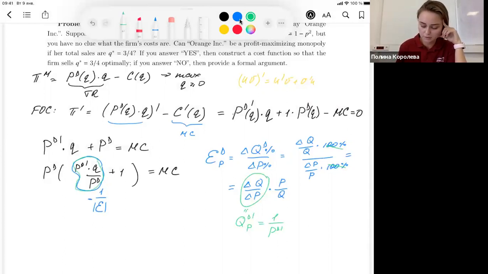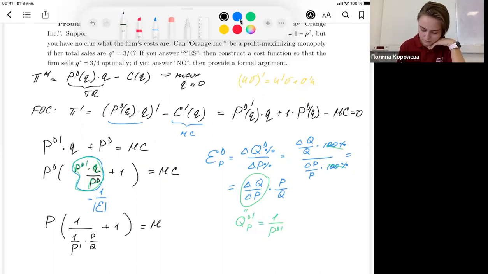You see price, quantity, and the derivative of the inverse demand function. So this is price, here 1 over price prime multiplied by price over quantity, plus 1 equals marginal cost.